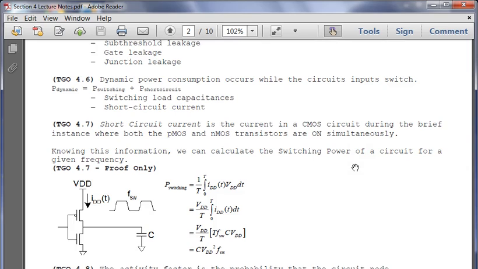All right, so does anybody have any questions about this so far? Right now, I'm just introducing the concept. On the proof, whenever you integrate over the current, your result is the period times the switching frequency times the capacitance times the supply voltage.